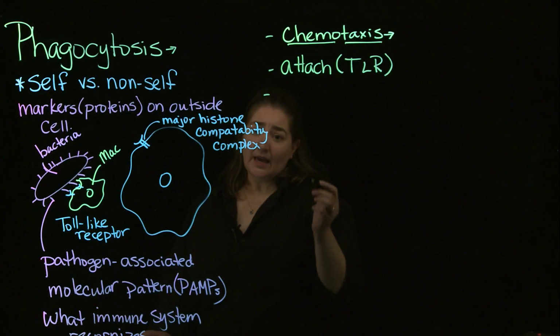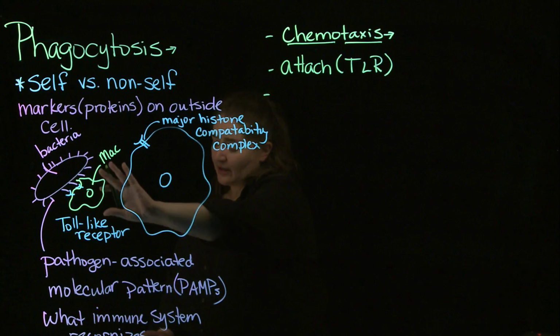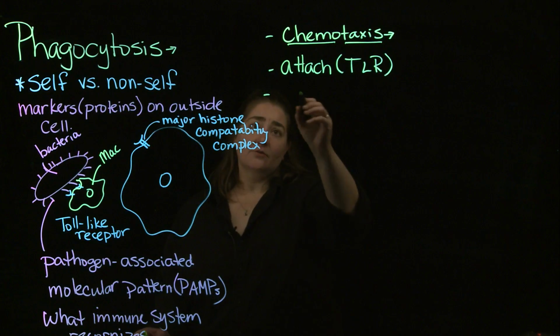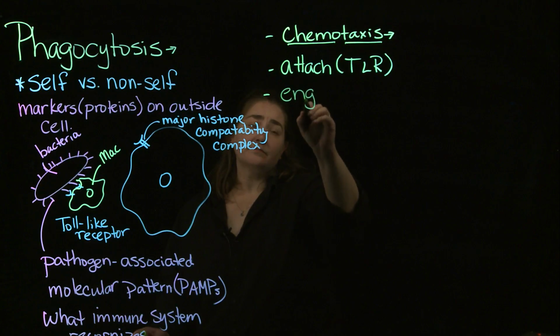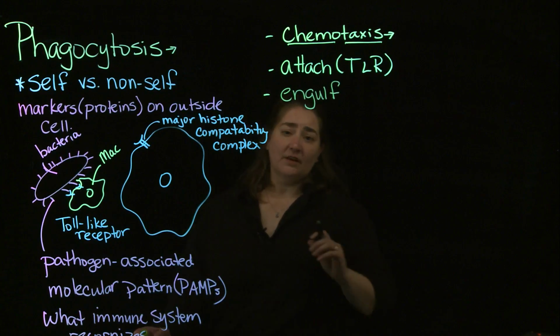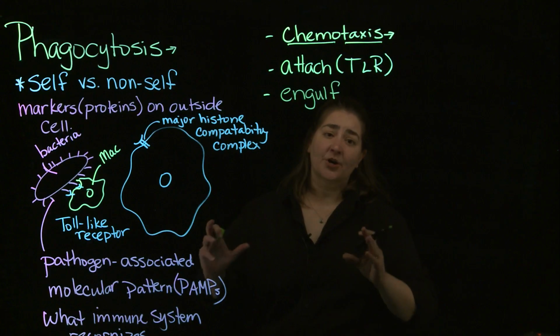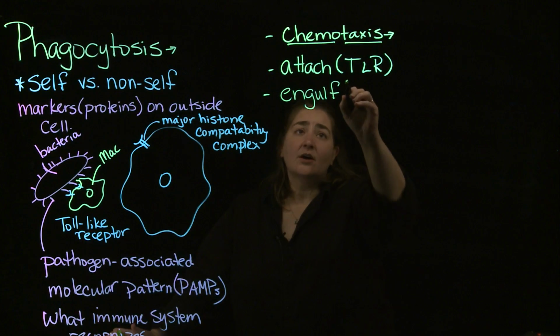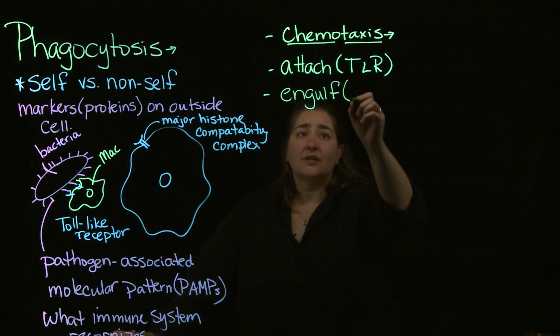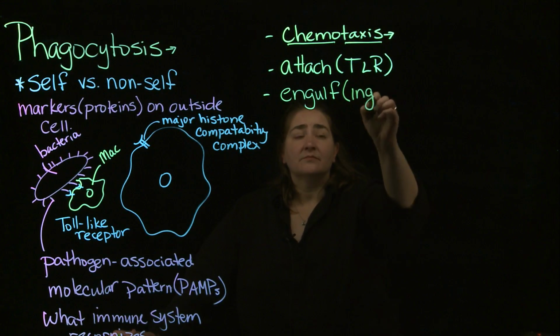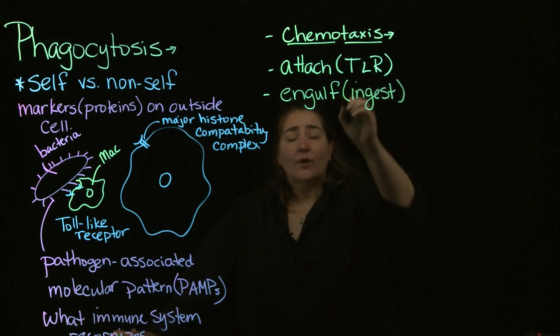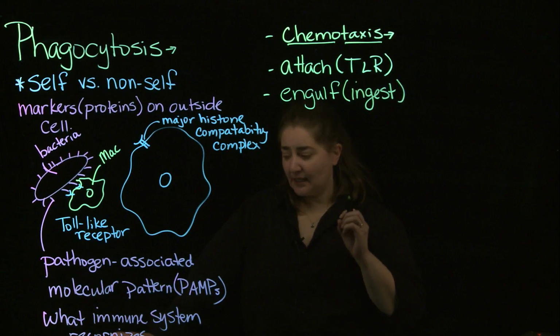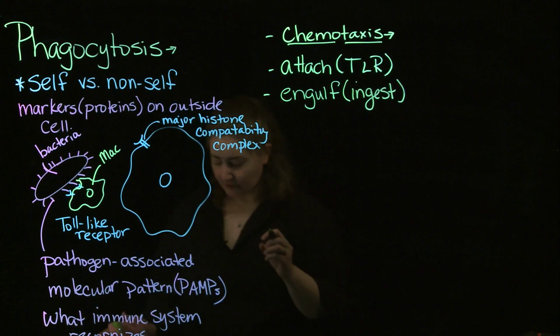And then what's going to happen, that macrophage is specialized for engulfing, all right? So if you kind of think of it as targeting its prey, it's going to wrap that cell membrane around our bacteria, where that bacteria then can be broken down, okay?